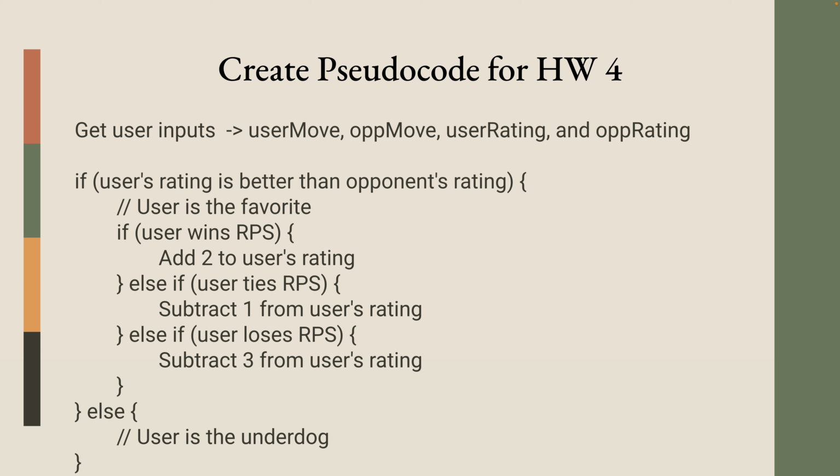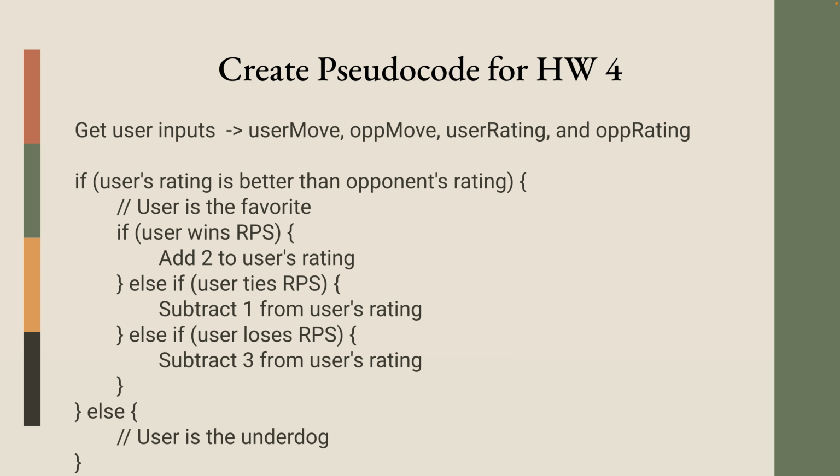So this first line, if user rating is better than the opponent rating, how would we write that in code? If user rating is greater than opponent rating. Yeah, we have these two variables, user rating and opponent rating, and we can just use the greater than symbol. Everyone with me? Okay.